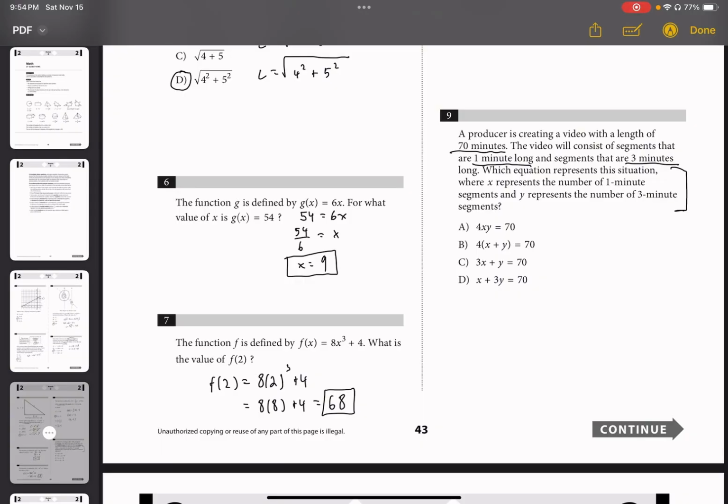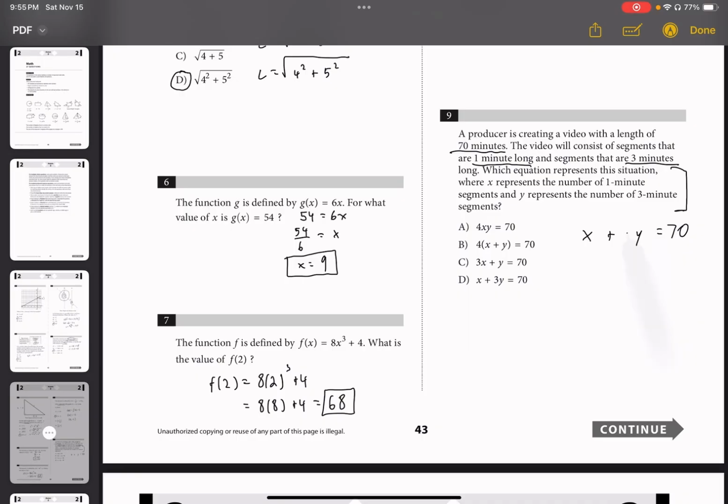So we're going to write out the amount of 1 minute segments plus the amount of 3 minute segments. And then we don't know how many segments there are in total, so the only thing we know is 70 is the total number of minutes.